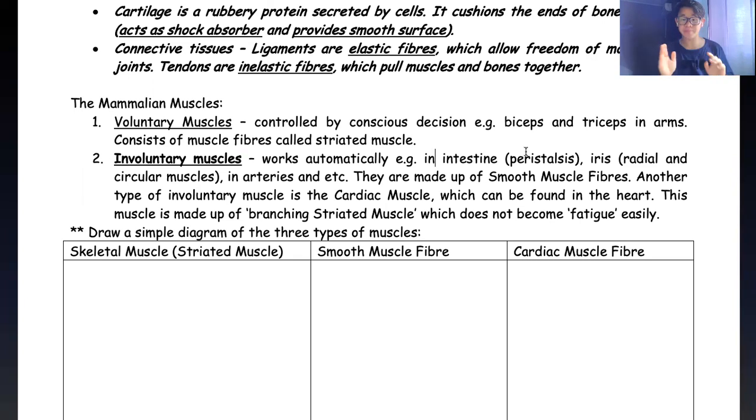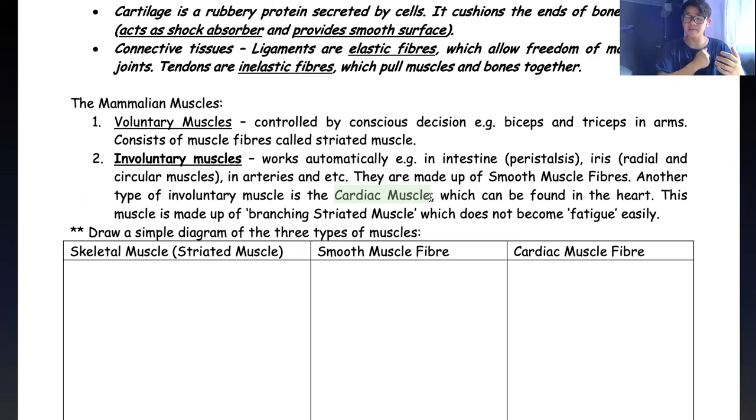So those ones. And there's another special type of involuntary muscle, which we call the cardiac muscle. Cardiac muscle is essentially your heart muscle, okay? This type of muscle is quite special because it can beat on its own, right?